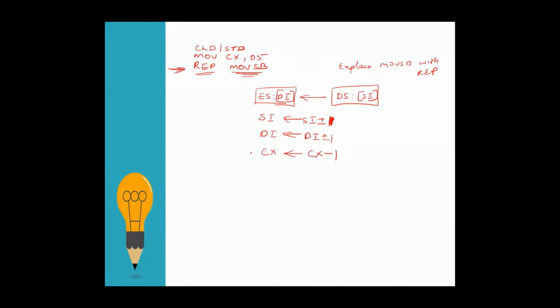Till CX becomes 0, right? Till CX becomes 0. That means how many bytes are getting transferred here? 5 bytes. 5 bytes are getting transferred here. So this is how you will explain the syntax. That means as long as CX is not equal to 0, this is what happens when we execute the instruction REP MOVSB. Got it, everybody?